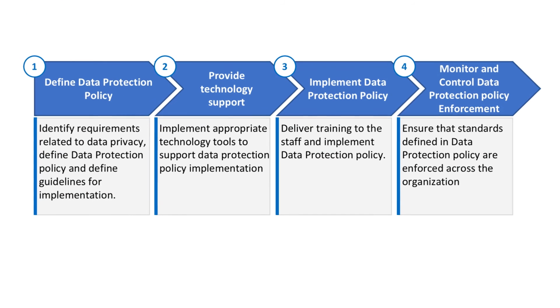The first activity includes identification of data privacy requirements and definition of guidelines for data privacy implementation. The second activity includes implementation of appropriate technology tools to support data protection policy implementation.